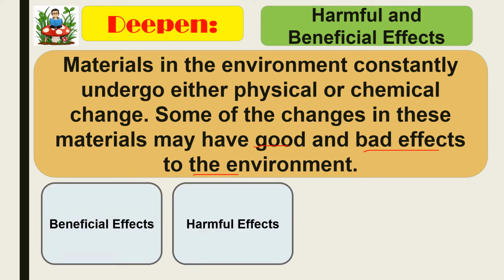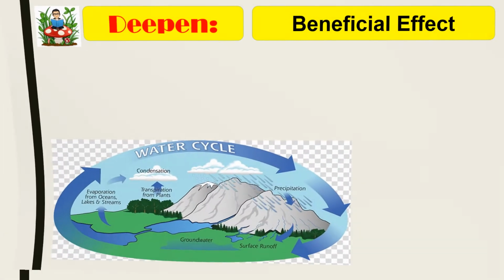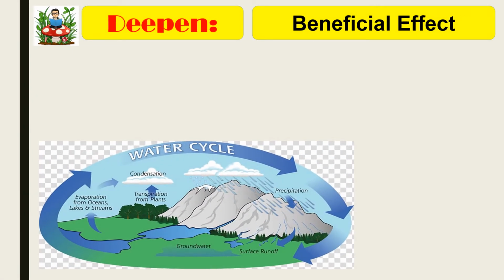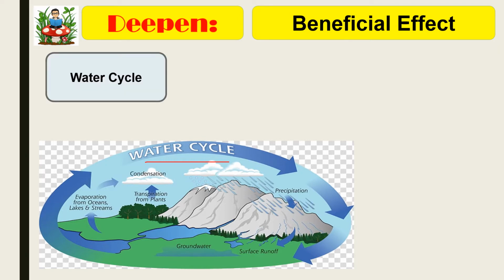First one is the beneficial effects. The first beneficial effect is the water cycle. We all know that the water cycle benefits all of us. We can use water in our daily chores, and plants can be watered easily. What is the water cycle?